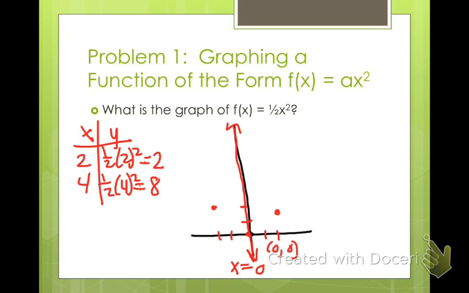So, 1, 2, 3, 4, 5, 6, 7, 8. So here I have a point over here. Have a point over here. Now remember, parabolas are U-shapes, so when I connect the dots, I make a nice smooth curve. So here is my graph for my quadratic.